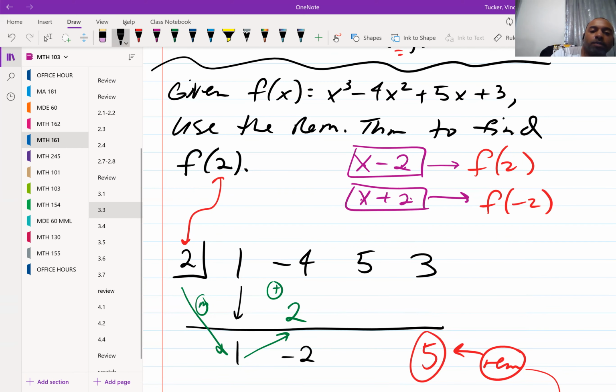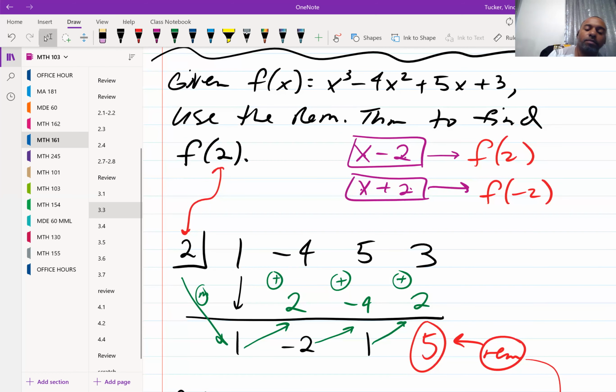It's -2. 2 times -2 is -4. Add them together. It's going to be 1. 2 times 1 is 2. Add these together, that's 5. That's the remainder.